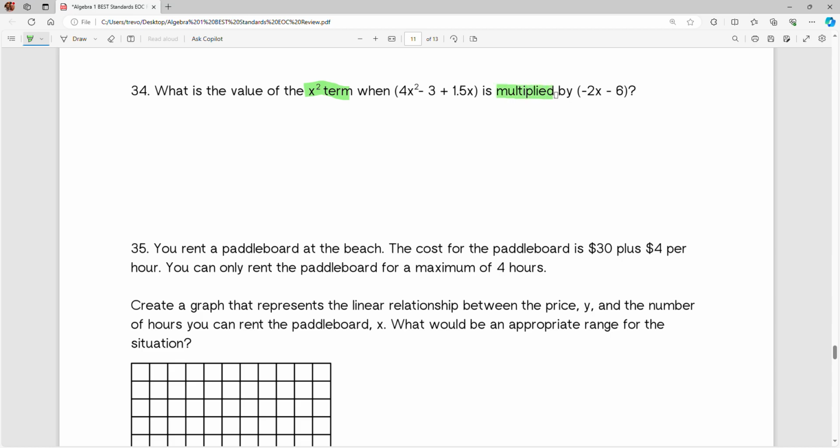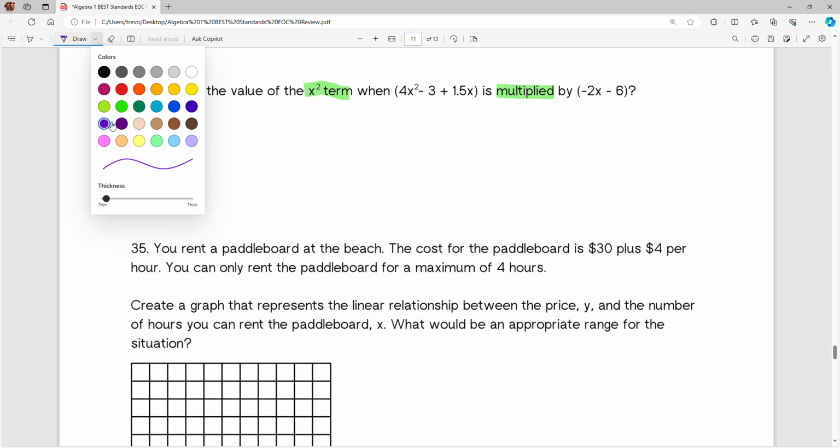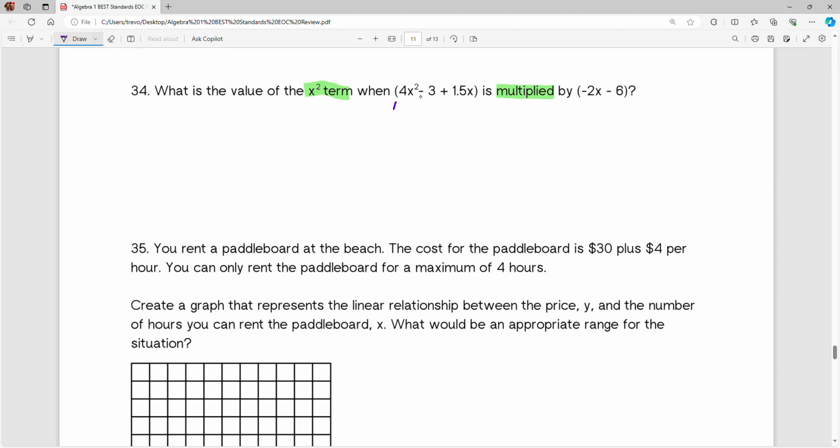So I've got to multiply these polynomials to get started. I'm going to switch these two around, actually. So this is still equivalent, right? 4x squared plus 1.5x minus 3.